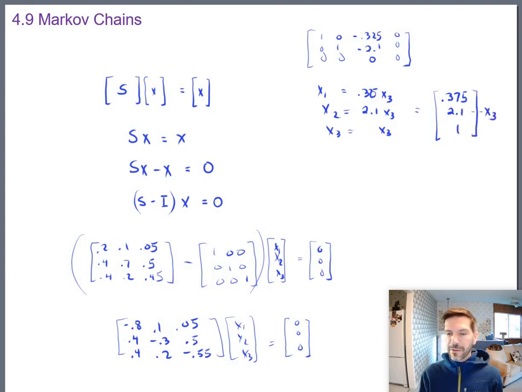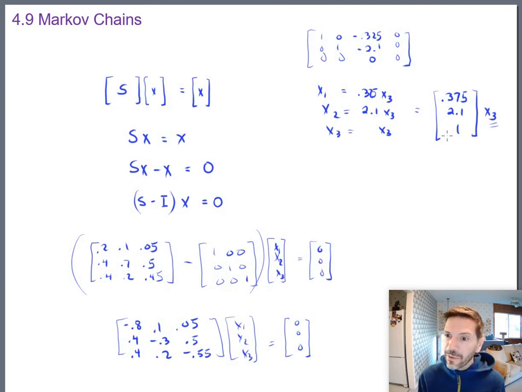And you'll probably notice those aren't the same numbers that we got before when we were running it through the calculator over and over again, because there we were using a probability vector where each of the terms was between 0 and 1 and gave a percentage, and the whole thing added up to 1. Not a problem, though. Any multiple of this vector is a steady state vector, so we just need to scale it until the whole thing adds up to 1.